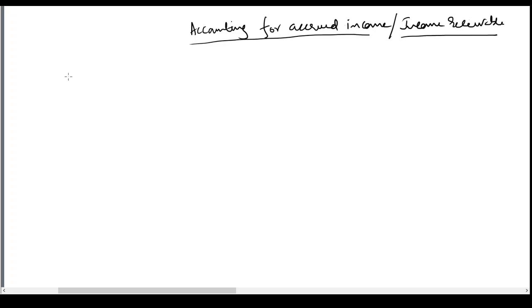Let us say a business makes a fixed deposit, an FD of say rupees 10 lakhs in a bank on 1st June 2021.